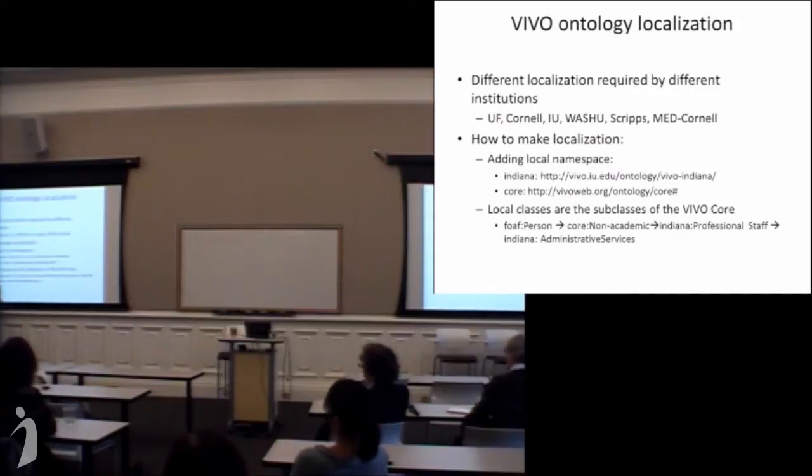When you go to the IU portal, VIVO at IU, you can search further because these things are modeled there. But if you go to federated search, which I will show you later, this won't be there, because federated search stops at the core level. You just search common things among these seven partners.